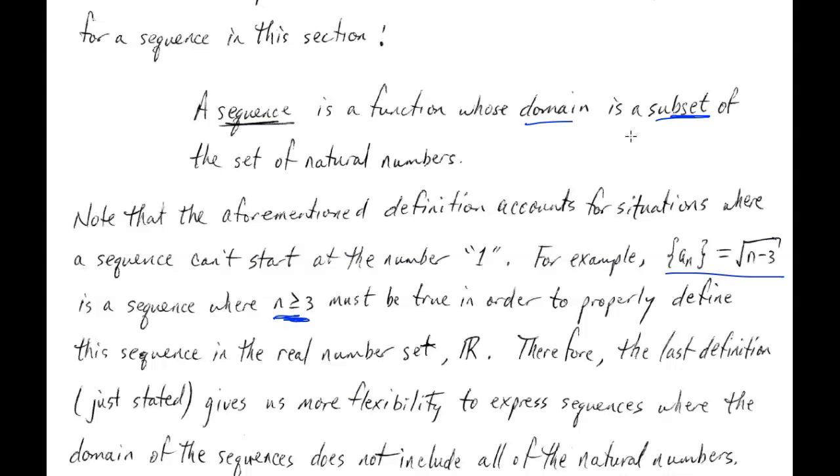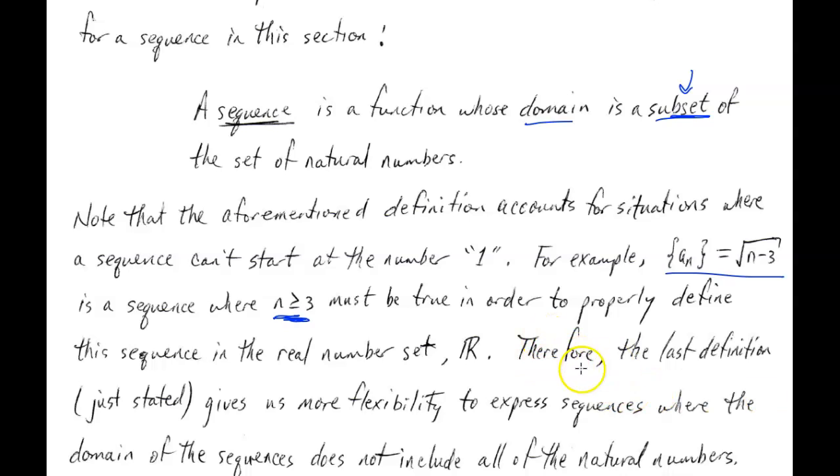So by me saying that the function's domain is a subset of the set of natural numbers, even the function whose domain is all the natural numbers is still proper to call a subset, because any set is a subset of itself. So I hope that makes sense.